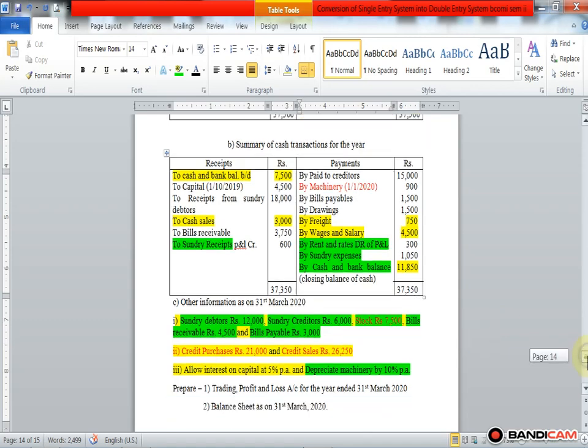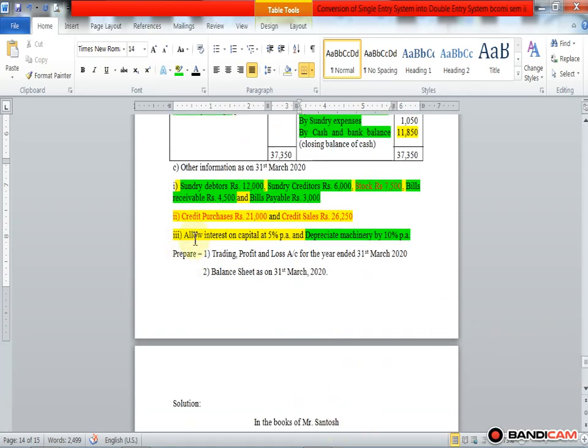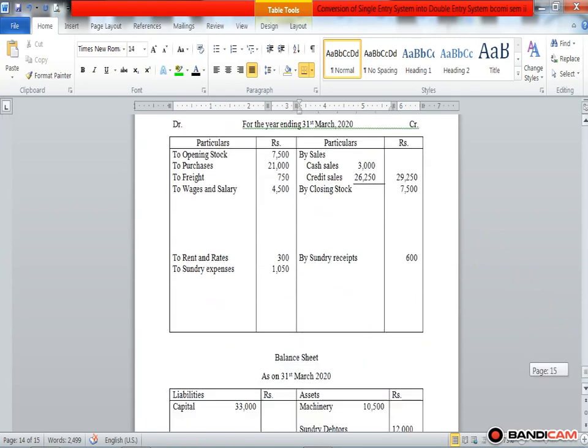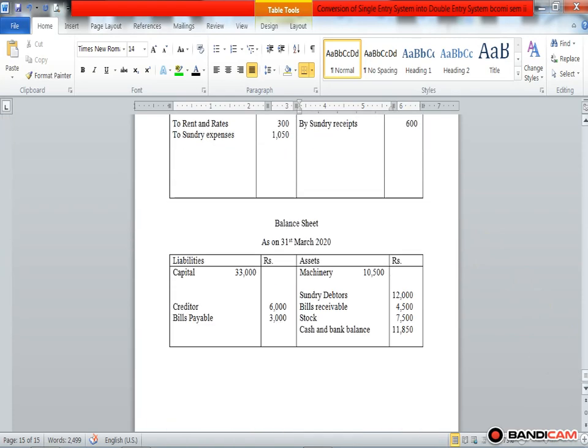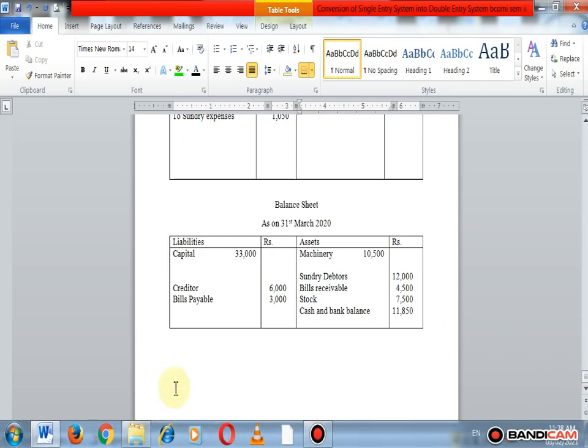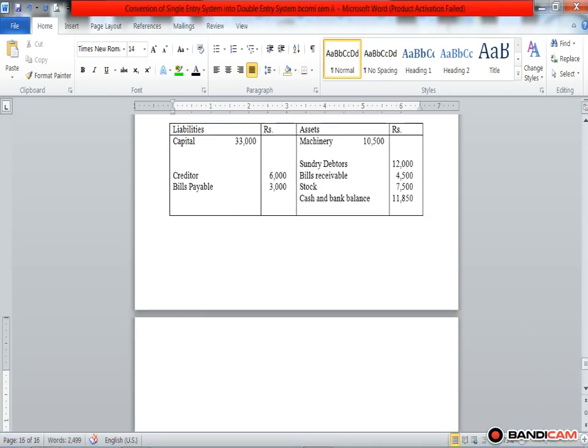So first of all we find out the interest on capital and depreciation, then we transfer the drawings and additional capital. Allowable interest on capital is 5% per annum and depreciate plant and machinery at 10% per annum. So we prepare a working note.